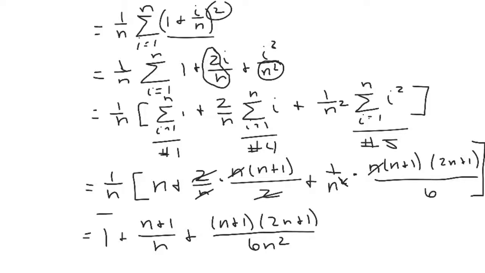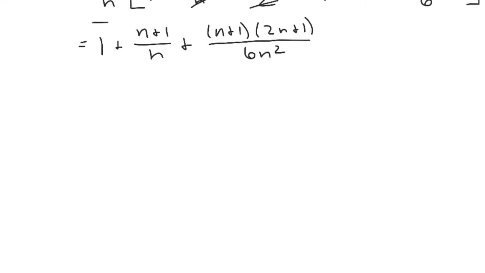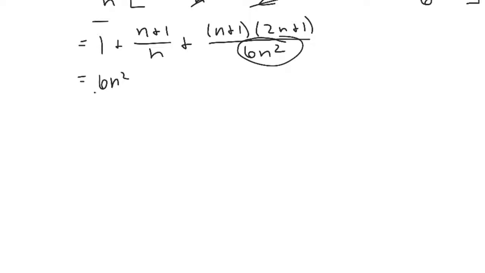So now I'm going to scroll a little bit more so we can continue our work. This equals, let's see, let's get a common denominator for everything. So the common denominator is going to be my 6n squared. So this is going to be 6n squared over 6n squared plus, let's see, this is 6n squared plus 6n over 6n squared plus, and I'm going to multiply these.